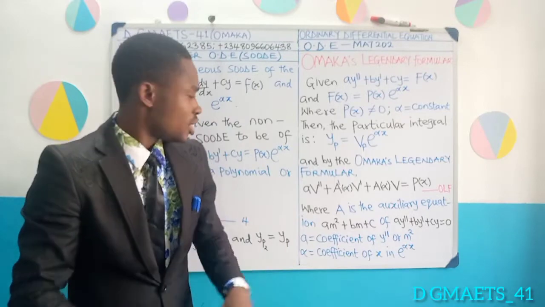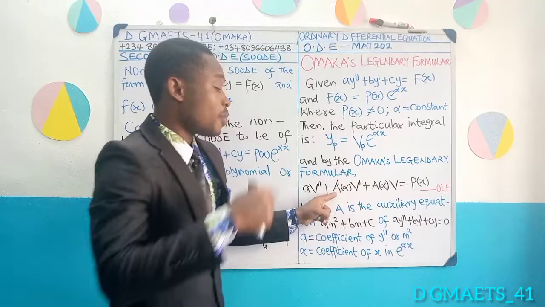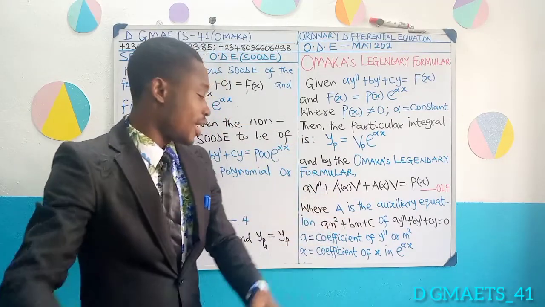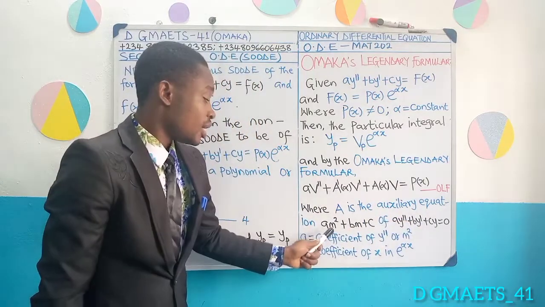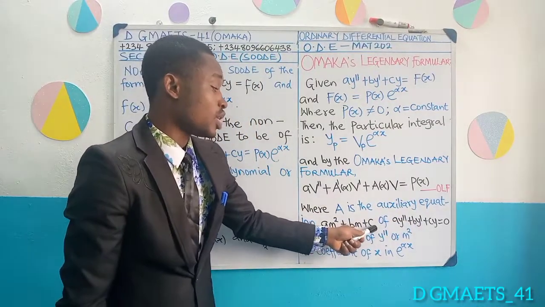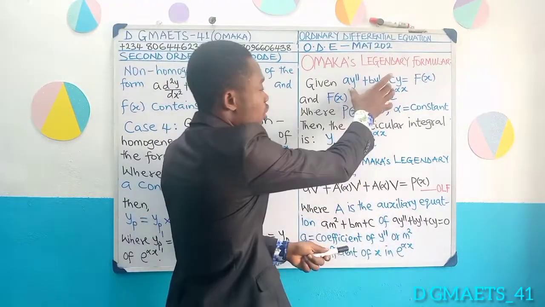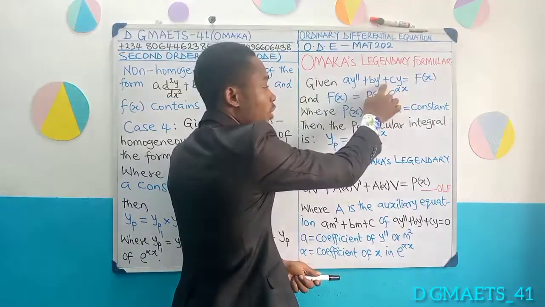Are you following? And then plus A prime. This A prime means the first order derivative of A. And what is A? A happens to be the auxiliary equation a m squared plus b m plus c of the differential equation part here, that is a y prime prime plus b y prime plus c y.